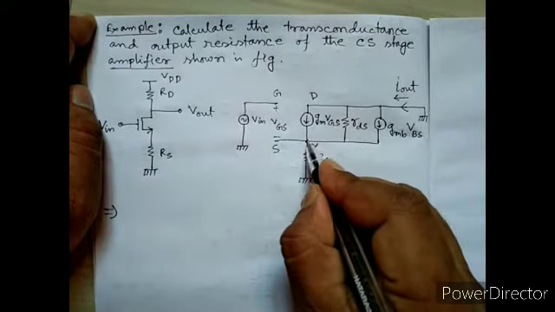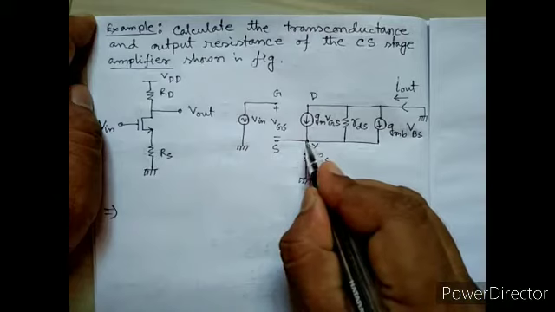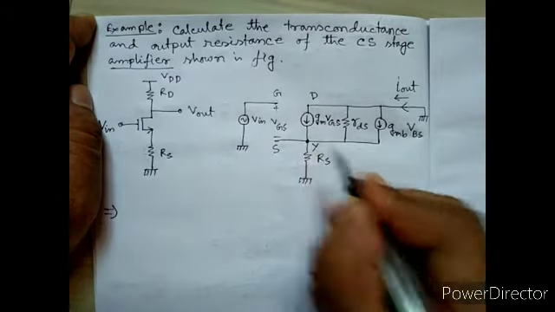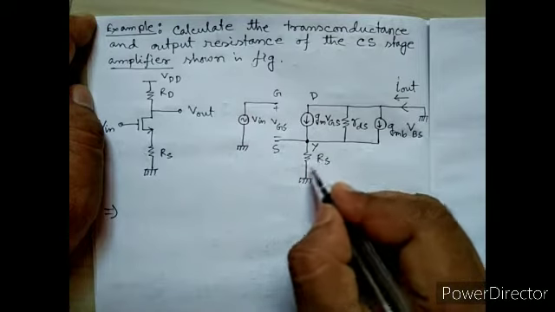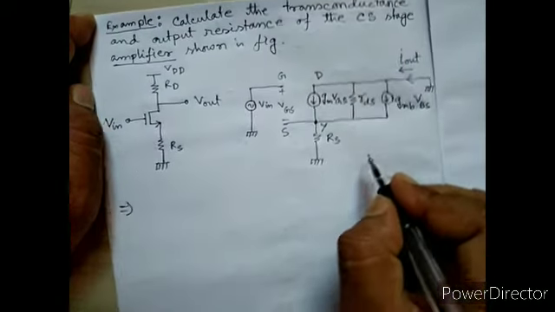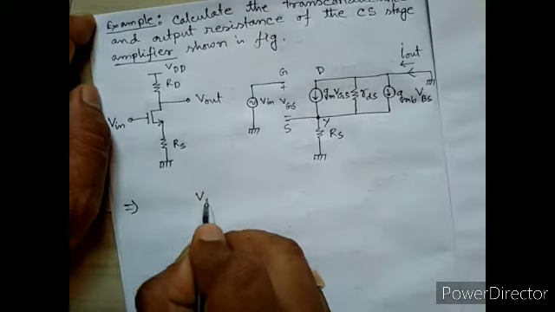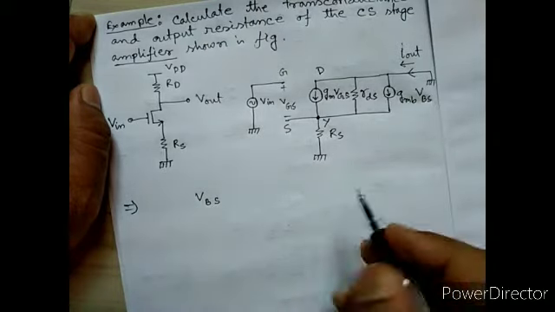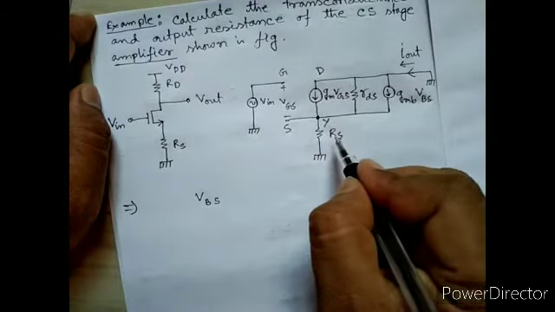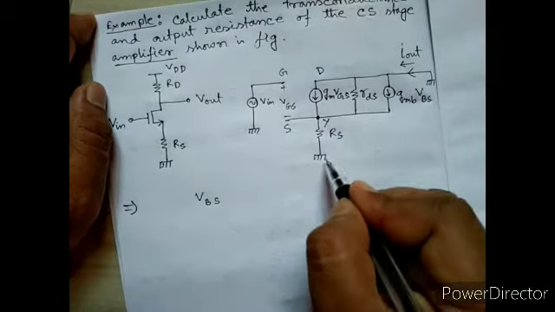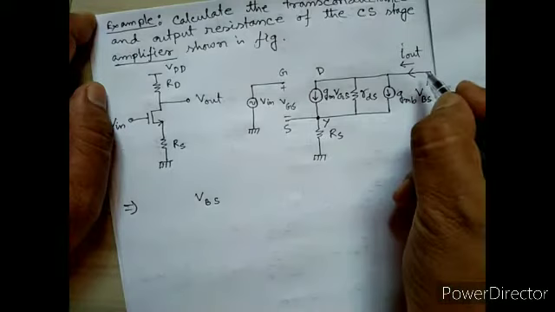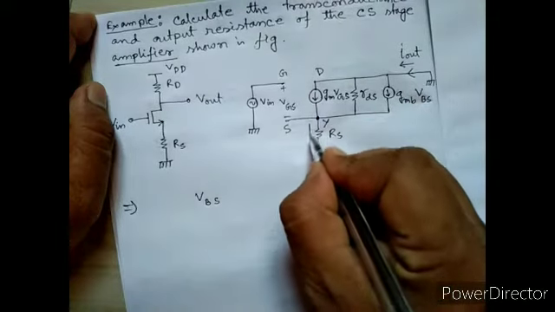If we consider this as terminal Y, then the potential drop here will be VBS, the potential drop between the source and body. The current is passing in this direction.